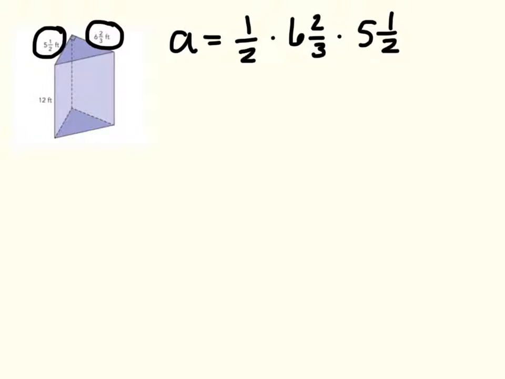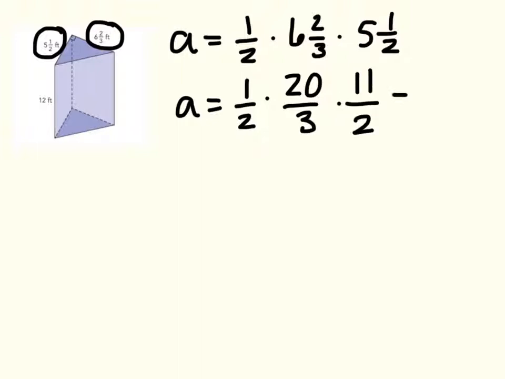So let's go ahead and solve that. It's going to be 1/2 multiplied by 20/3 by 11/2. We can cross reduce to get 1 and 10, and then again to get 1 and 5, giving us 55/3.